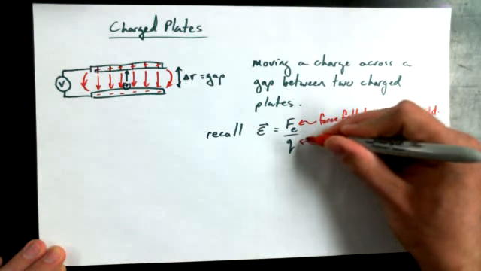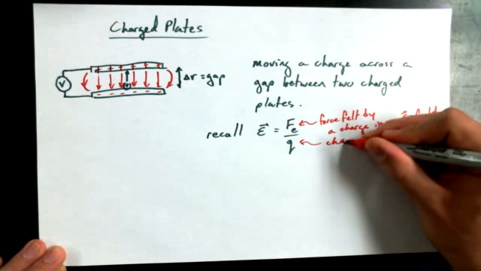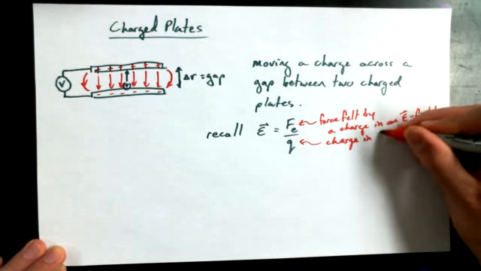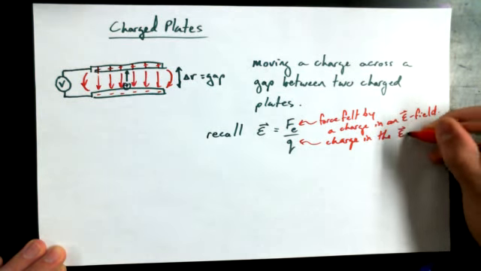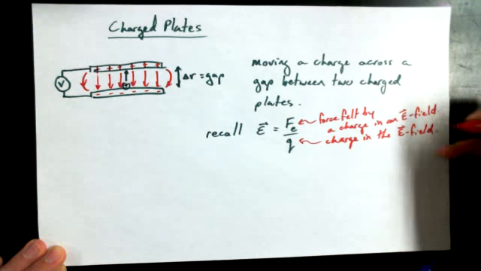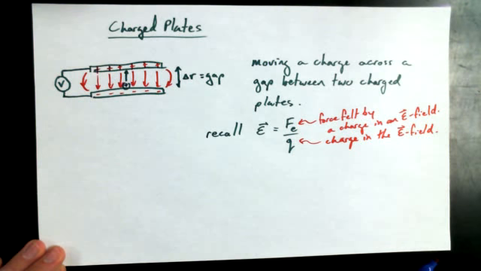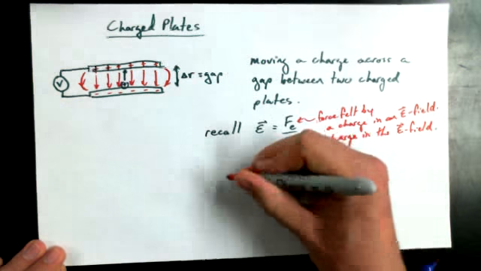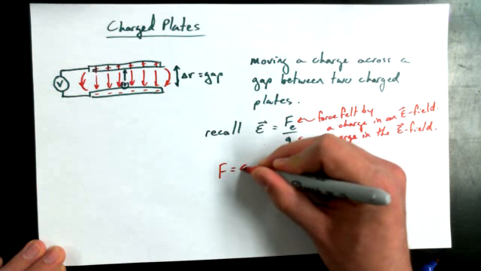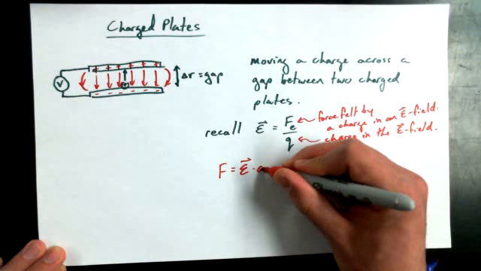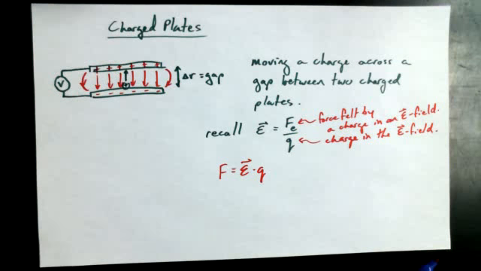And Q would be the charge within that field. So we have a charge that's within an E field, and that's likely feeling a force. And so we could write that equation: force equals electric field intensity times the charge that's in that electric field.